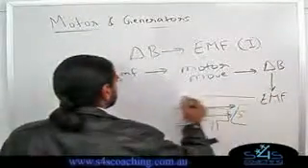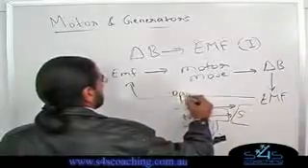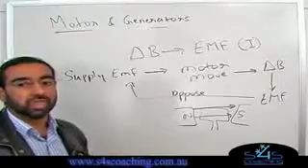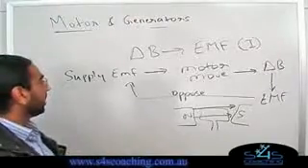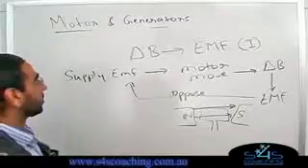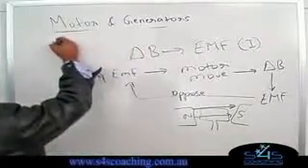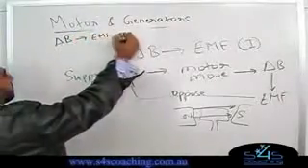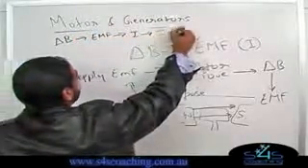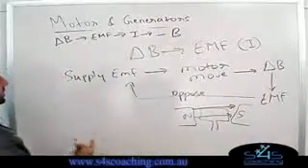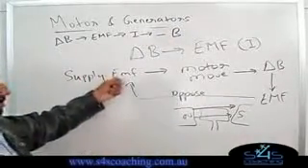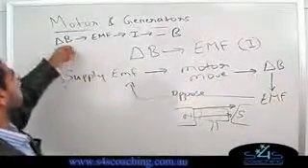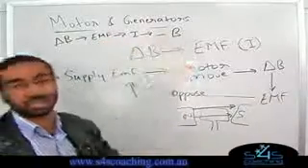This EMF has to oppose the supply EMF, again because of the law of conservation of energy. So essentially what we have is quite similar to Lenz's law. Lenz's law said that changing B produces EMF, which produces I, which produces negative B. This one starts with EMF, which produces a changing B, which produces a back EMF. Lenz's law: changing B produces EMF, produces a negative B.